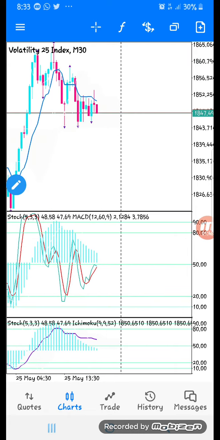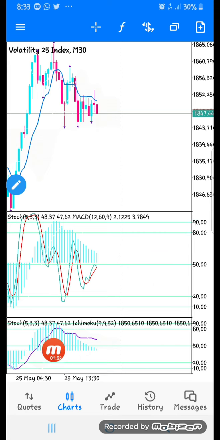If you check here, you will see that this Ichimoku had gone down to level 20 and 10.